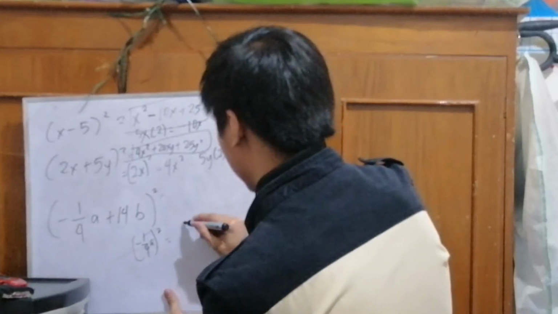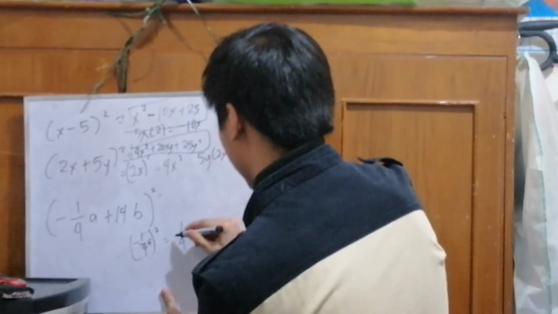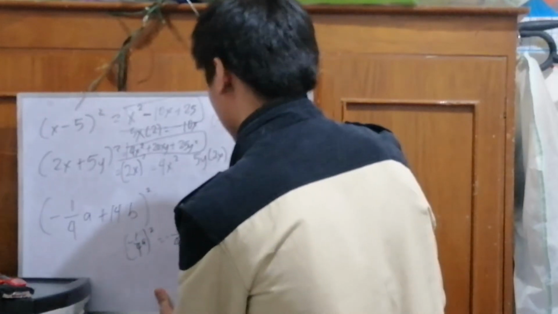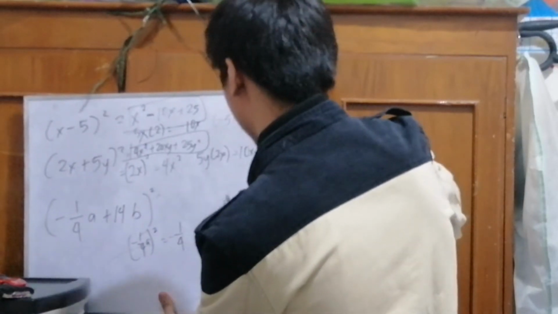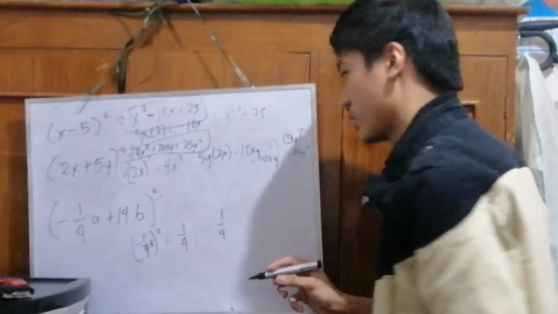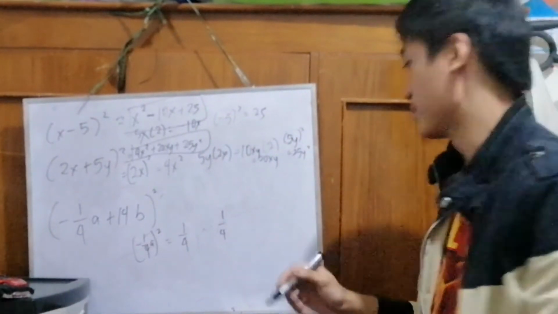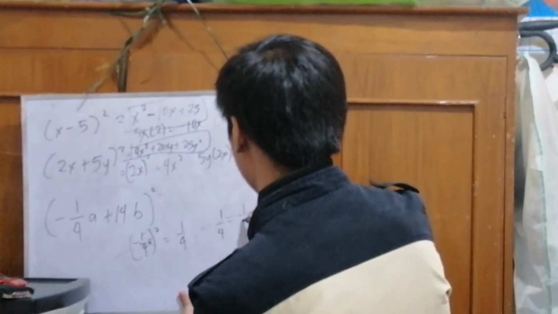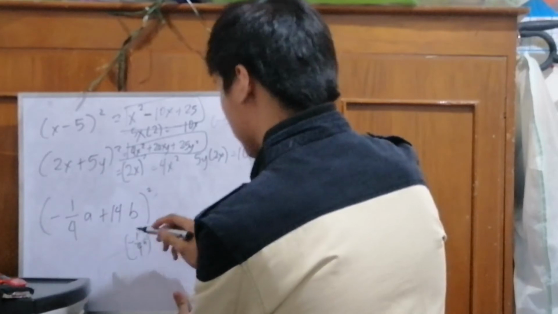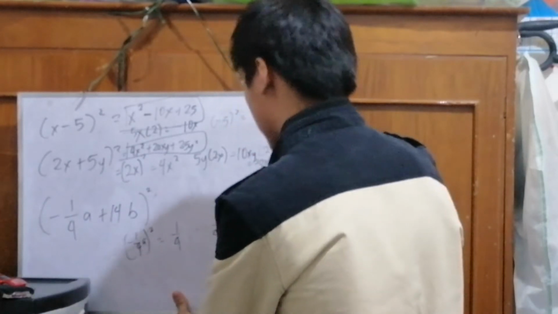Now, applying the concept, 1/4 a times negative 1/4 a, if you would see, if we would remove the variables and even the sign, we would have to multiply both. That is 1/16. And then, since negative times negative is equal to positive, there will be no sign.